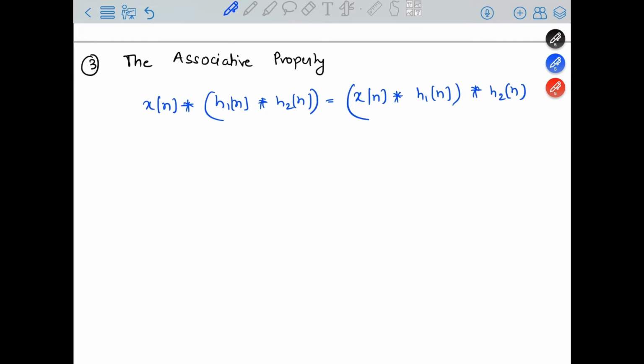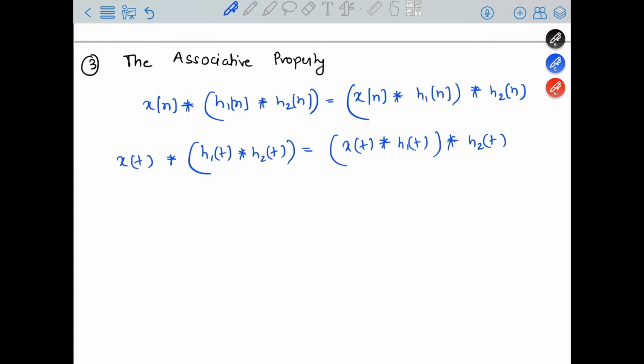Similarly, for continuous time, x(t) convolved with h1(t) convolved with h2(t) will be equivalent to writing it as x(t) convolved with h1(t), convolved with h2(t). So the order of convolution doesn't matter. The moral of the story is that the order of convolution does not matter.